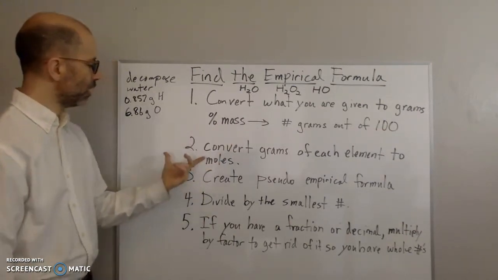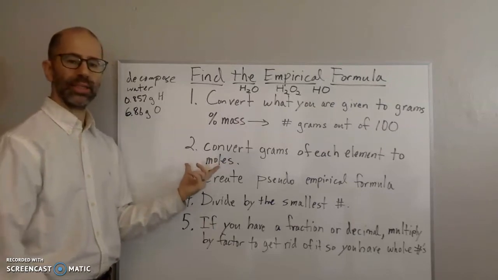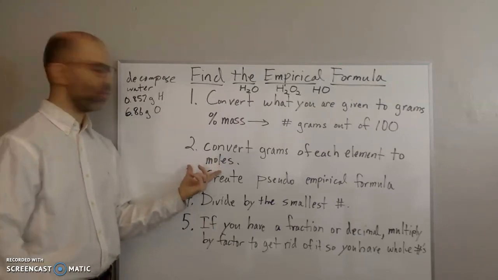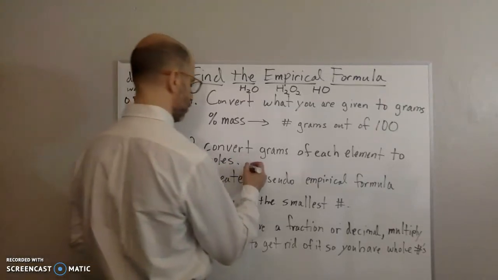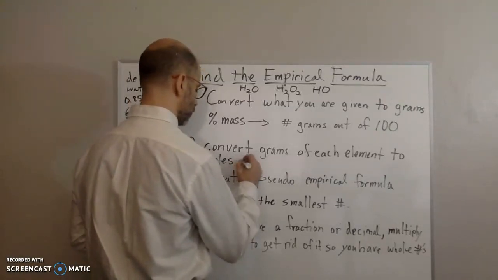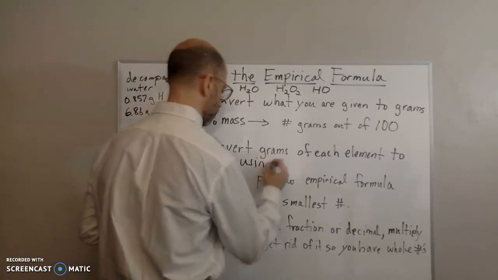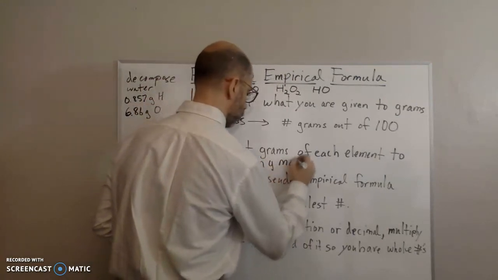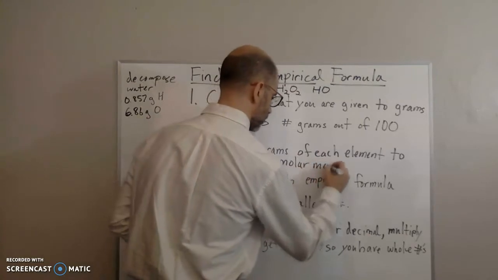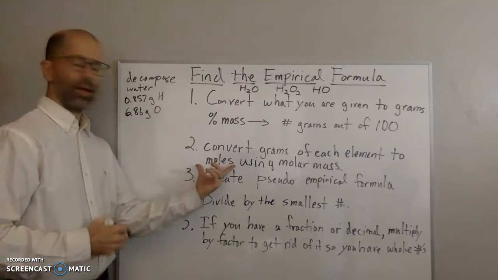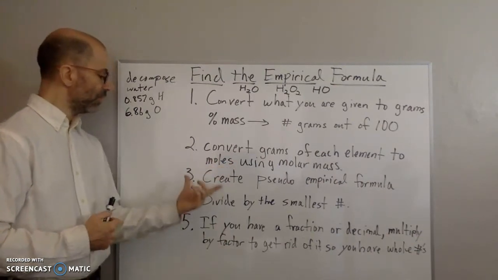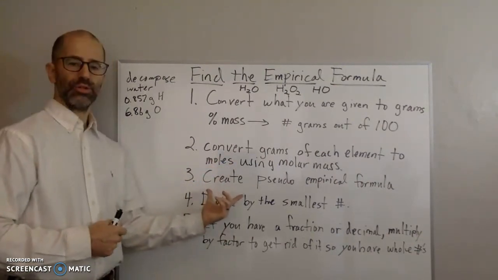The second step, once you have grams, again, your goal is to get the moles. So once you have grams, you convert to moles using the molar mass. Once you get moles, you're going to create a pseudo formula.